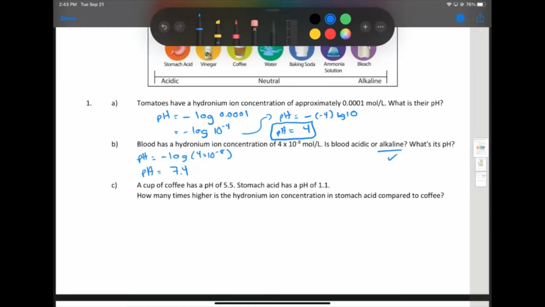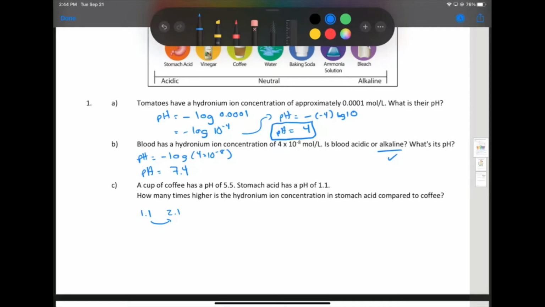So I'm going to point out that if I want to go from a pH of 1.1 to 2.1, the hydronium ion concentration is going to change by a factor of 10. In fact, it's going to be 10 times less concentrated. As we're moving towards the bases, we have less hydronium, so we're going to have 10 times less.